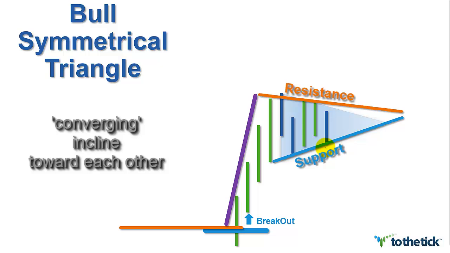So again, we are converging trend lines, which means that each one of these lines is converging or inclining towards each other, and what it's doing is range bound your prices, and it gets tighter and tighter, and it's squeezing. Some people call this a coil, and it squeezes to what's called an apex.